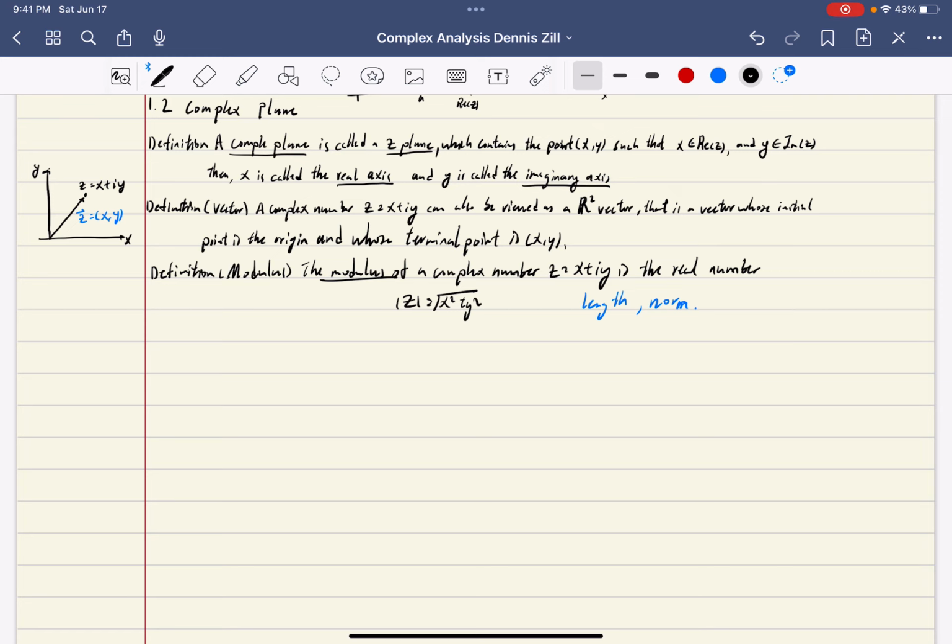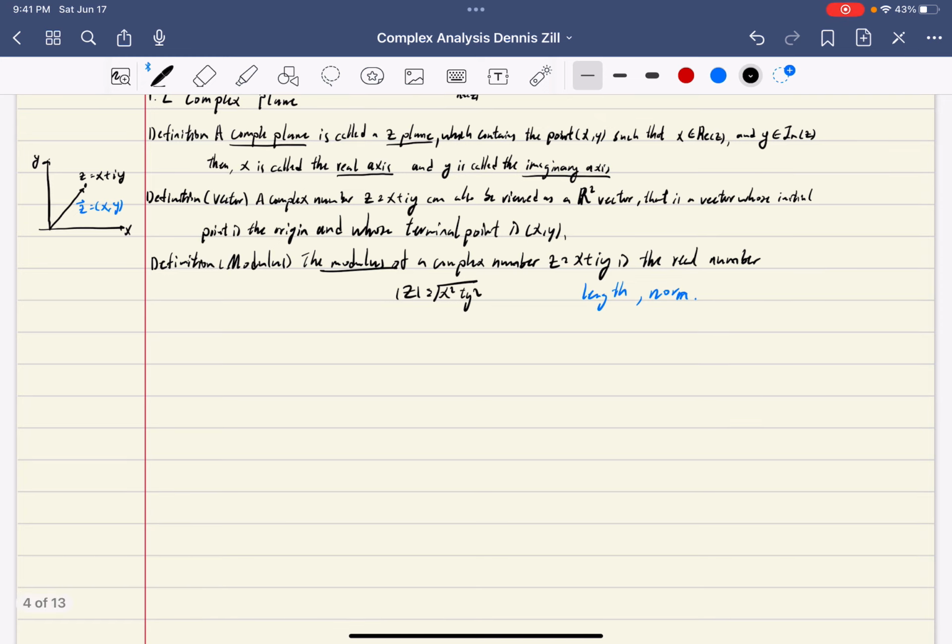Well, example. We want to calculate the modulus. So, well, z is equal to 2 minus 3i, and we want to find the modulus of z, right? Well, that is just use the definition. Square 2, that is 4, square -3, that is equal to 9, that is equal to the square root of 13, right?